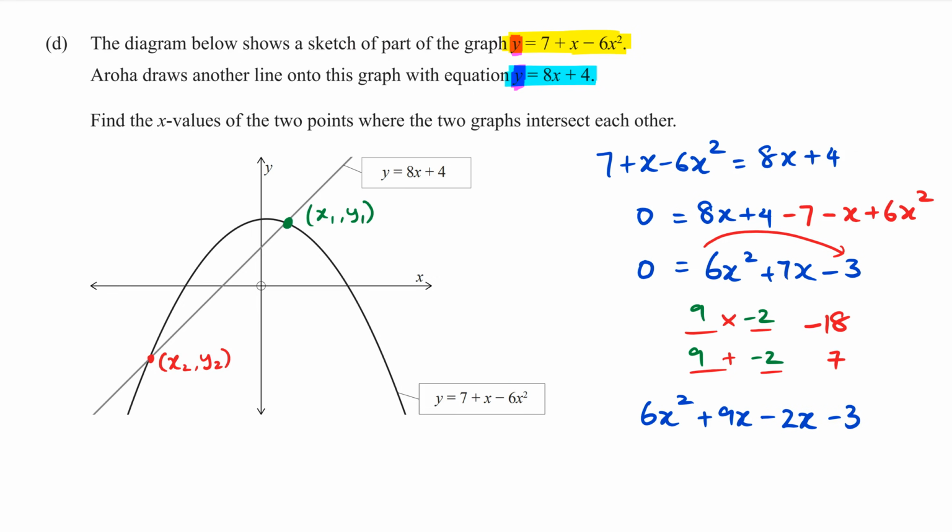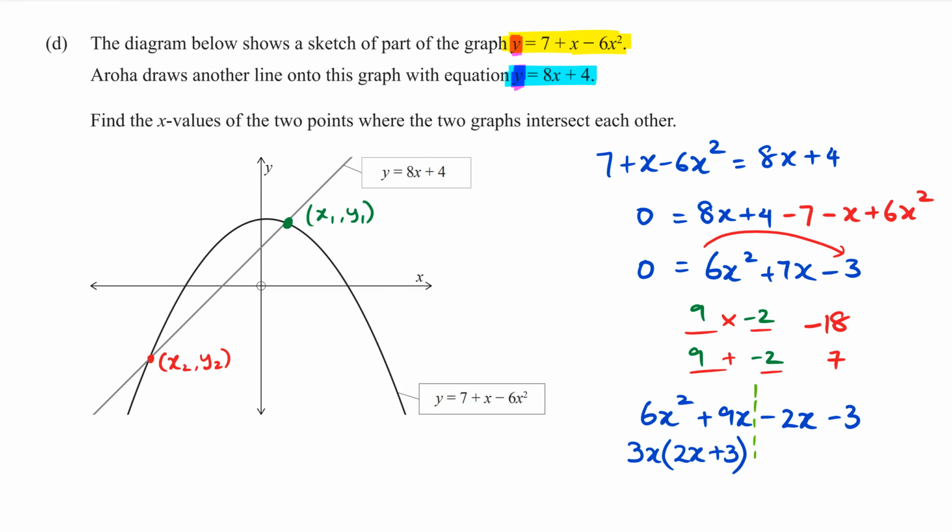But let's worry about that equal to 0 later on. Once I get this, I need to split them up into 2 parts. On my left-hand side, let me have a look. What do I have as a common factor? I have 3x as a common factor. So I can take that out, which means I'm going to end up with 2x plus 3.